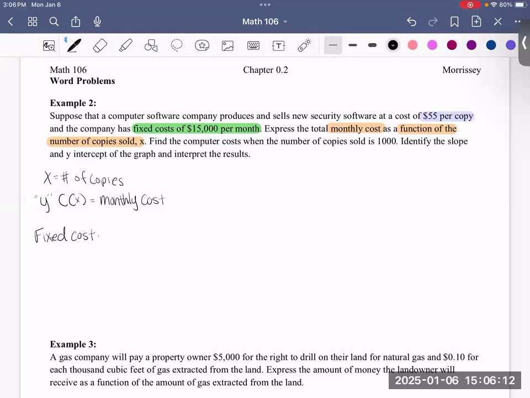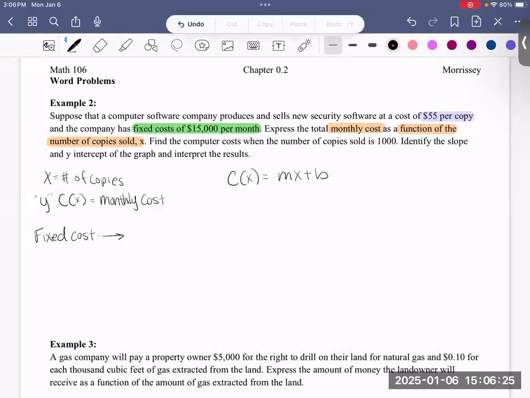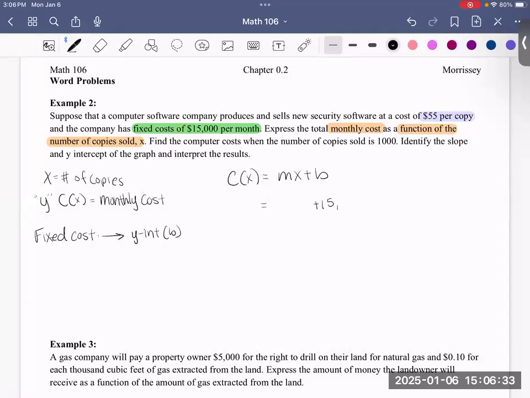Same thing, it's a fixed cost, which is acting as what? If we're talking about putting this into slope-intercept form, well, your fixed cost is going to act as your y-intercept, your b. So if I were to put this in, it's going to be $15,000.